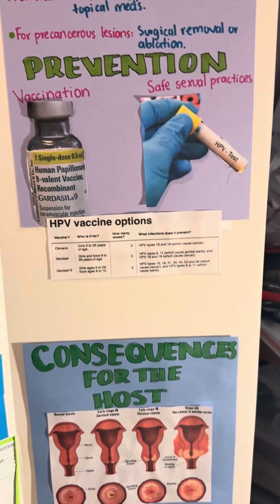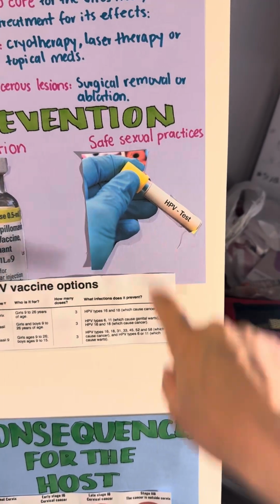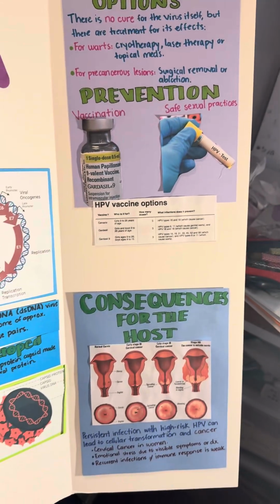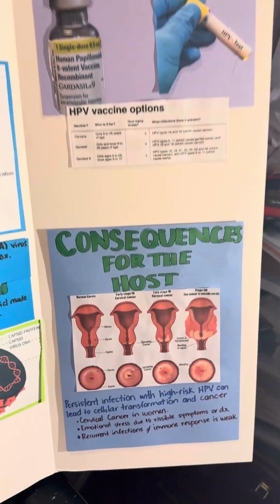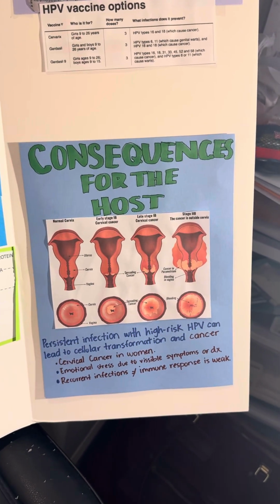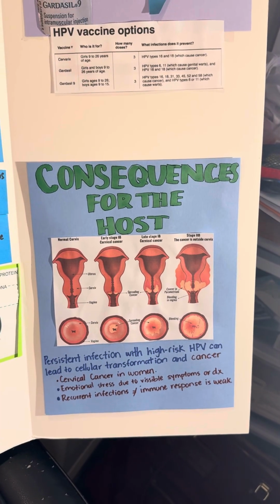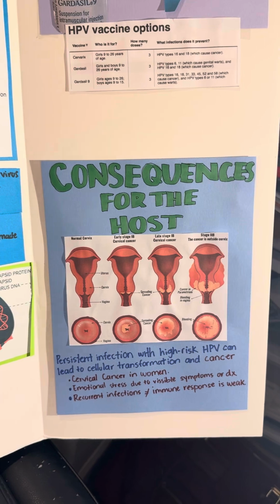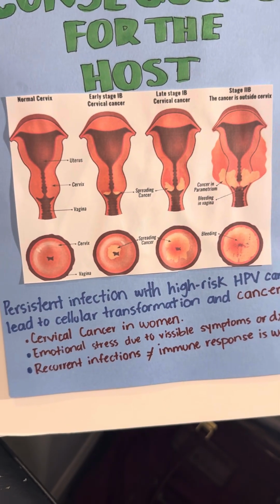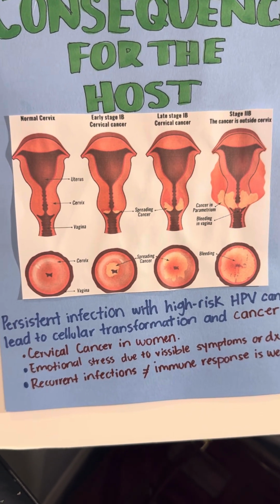Safe sexual practices are super important, and we can ask for an HPV test regularly, preferably yearly. Okay, finally, the consequences for the host. As I mentioned, the most serious one is cancer. And here you can picture different stages of cancer infecting the cervix.